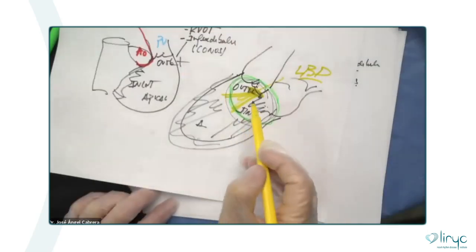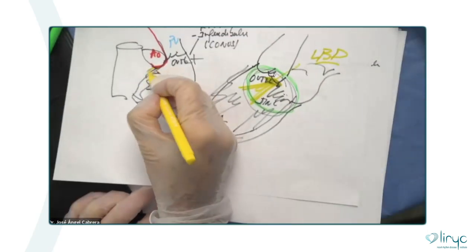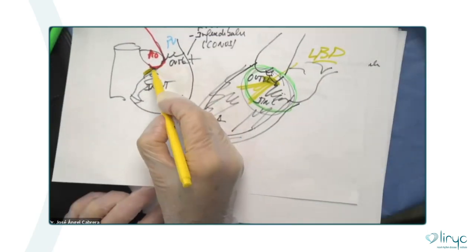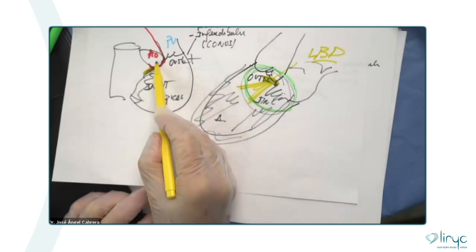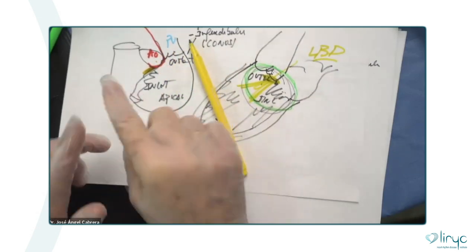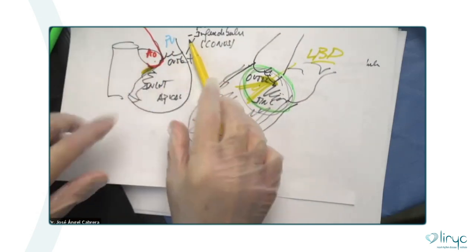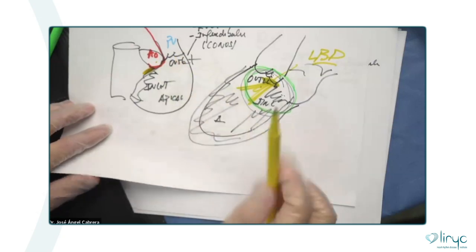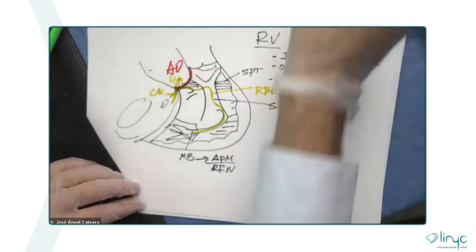And this is also crucial to understand how is this anatomic relation of the membranous septum in the right and in the left. Please note that this is because there is a crossing position of the right ventricular outflow tract and the left ventricular outflow tract.